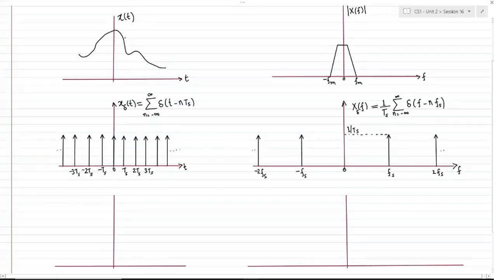We have an information bearing signal x(t), which is randomly varying in time, and whose frequency domain representation magnitude of X(f) is limited to minus fm to fm. In other words, we are limiting our information bearing signal to 0 to fm hertz only. Just for the symmetry case, I have taken from minus fm to 0 as well.